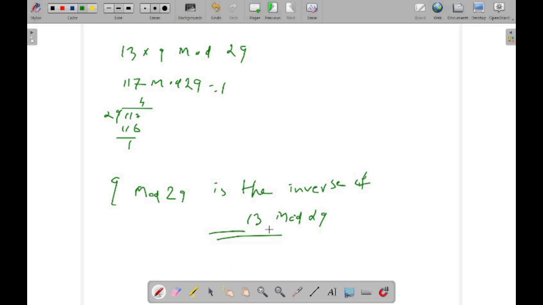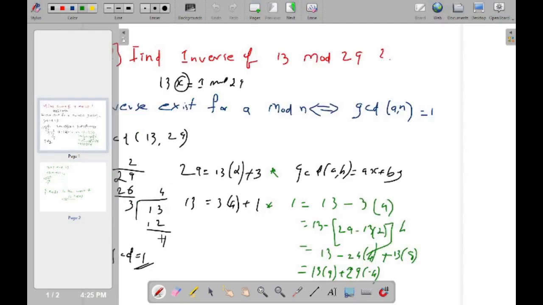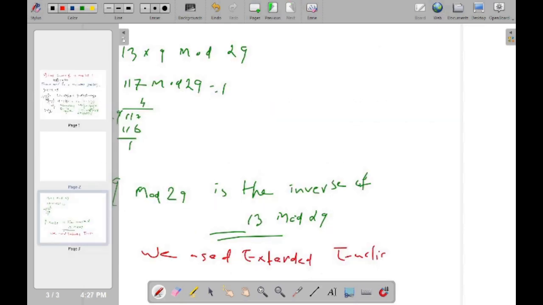We are using the extended Euclid algorithm to find the inverse of an element in a modular system. Here we used the extended Euclid algorithm.